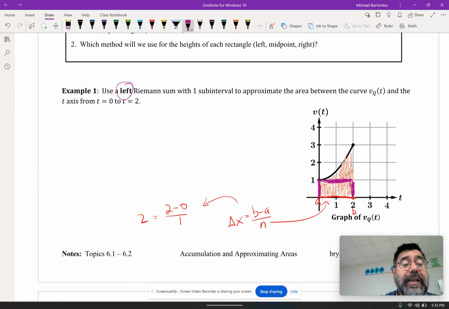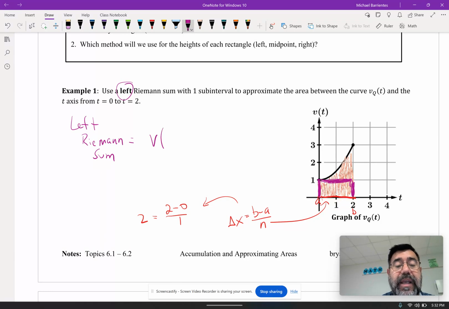And so we're going to say that the left Riemann sum is equal to the function value, which is v, and now we're using the height at t equals 0, right, when my input is 0. So I'm going to say the height is going to be what v of 0 is times my delta x.